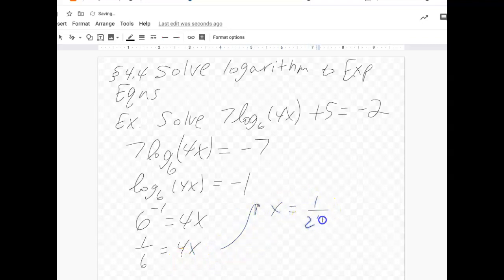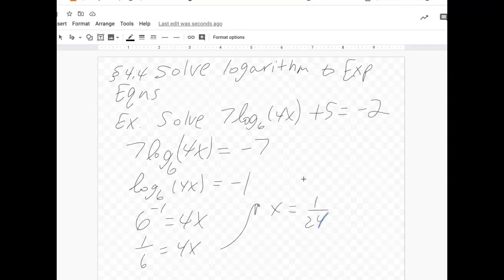You don't necessarily need to check your answer now, but you still want to get into a good habit of doing this. The reason is the domain of the logarithmic function: the argument has to be greater than 0.